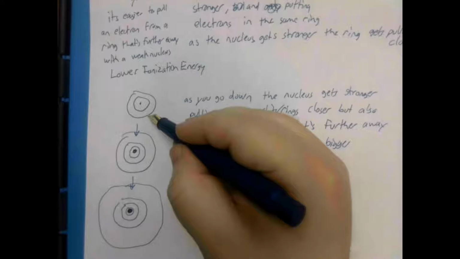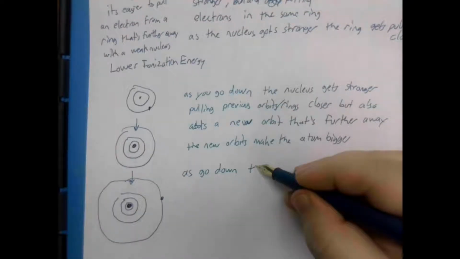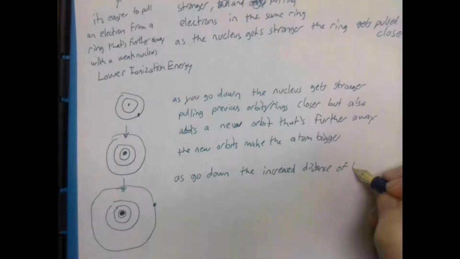As you go down, the increased distance of the new orbital or new orbit makes it easier to pull off a new electron.